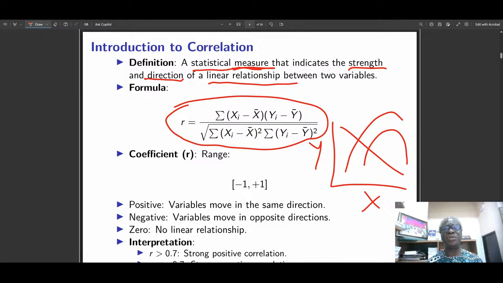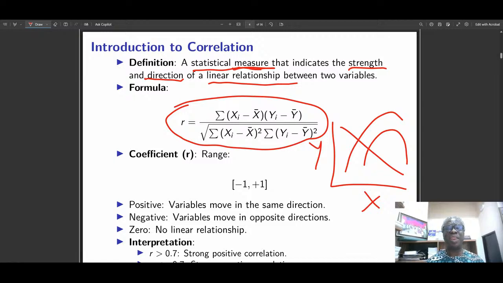So this is the formula for measuring the relationship. Which means for us to measure the relationship, we need to compute these expressions. We will see the step by step later for computing these expressions.